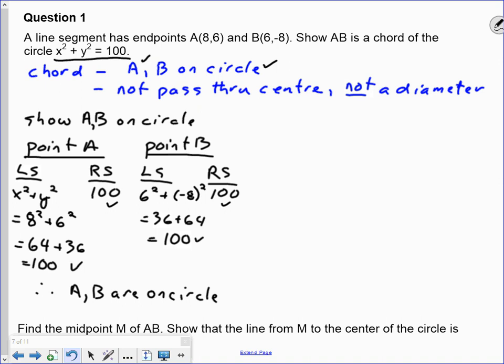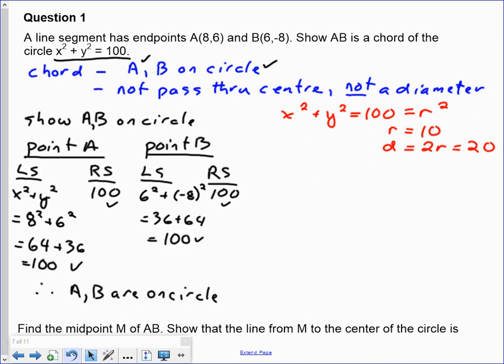Now, how can we show that this line AB is not a diameter? Well, if we go back to our equation, x squared plus y squared equals 100, we know that 100 is equal to r squared. So our radius is 10, which means our diameter, 2r, is going to be 20. So if this line AB is a diameter of the circle, it's going to have a length of 20.